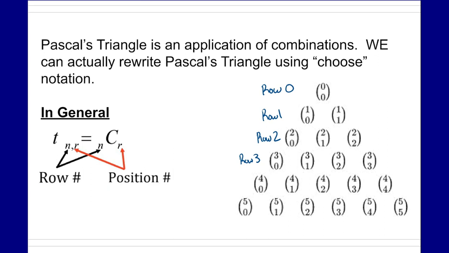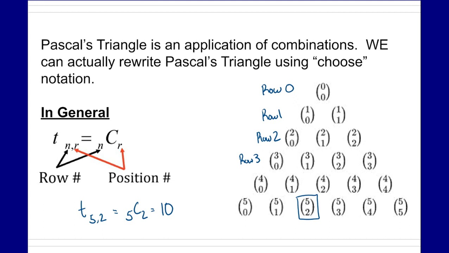So if I want to figure out, say, the term in row 5, position 2, that's the same thing as saying 5 choose 2, which would give us 10. So we would find that at row 5, position 2, we would have a value of 10.